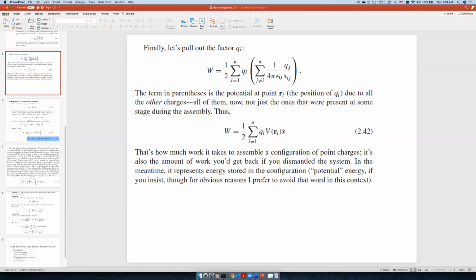And V(ri) is the potential at point ri due to all the other charges. So that's how much work it takes to assemble a configuration of point charges. It's also the same amount of work you get back if you disassemble the system, or move all the charges to infinity.